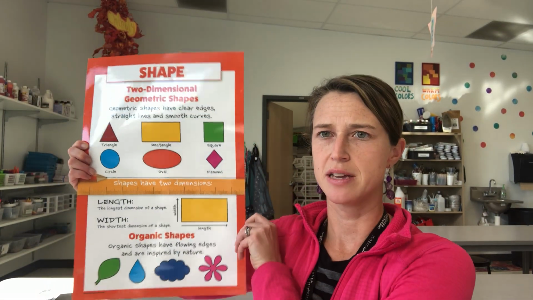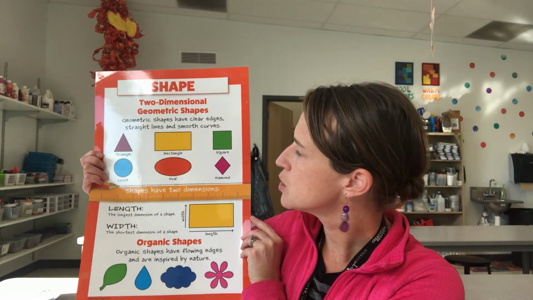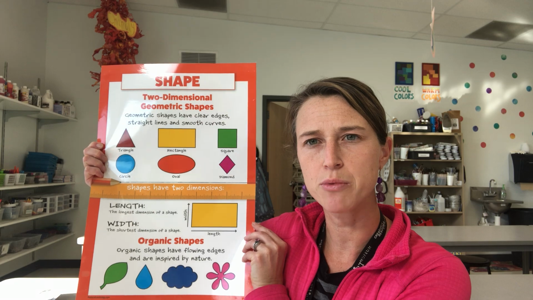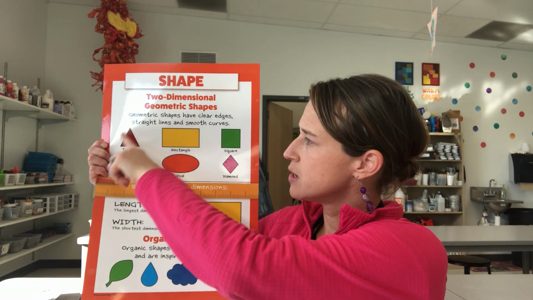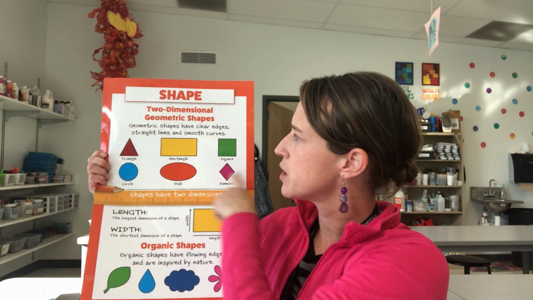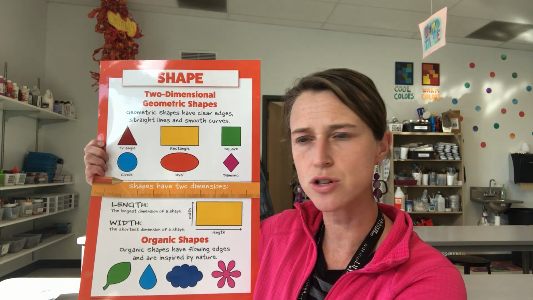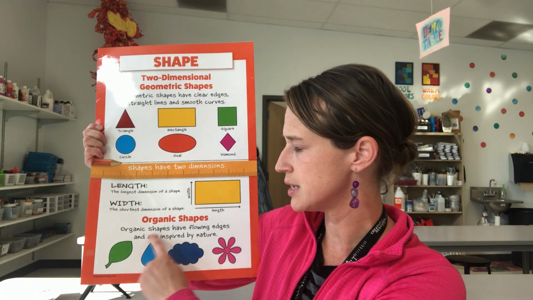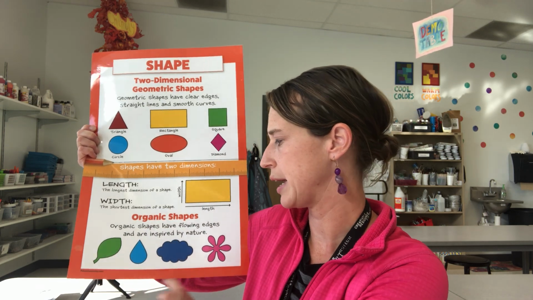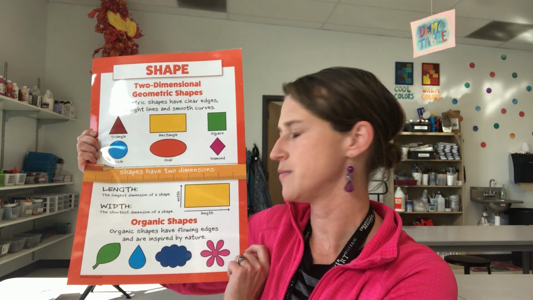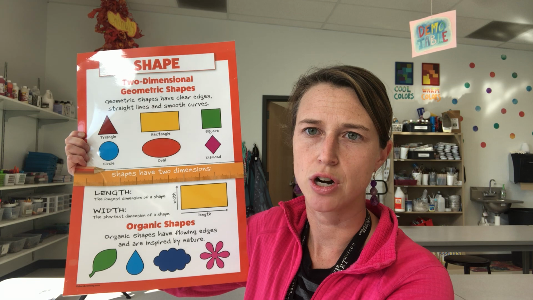Before we get started though, I just kind of want to review the three things that Zentangles are based off of. So Zentangles are based off of shapes, and just to kind of review shape, these are geometric shapes, and we often think of things that are man-made that are geometric. And these down here are organic shapes, and they're often inspired by nature, okay?